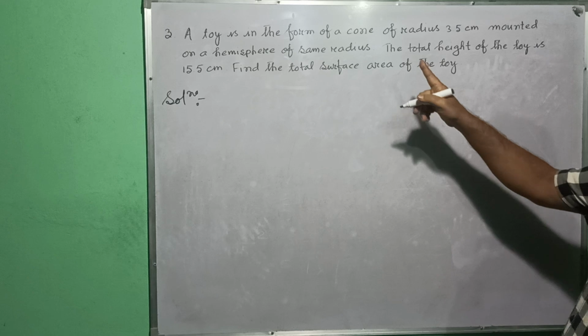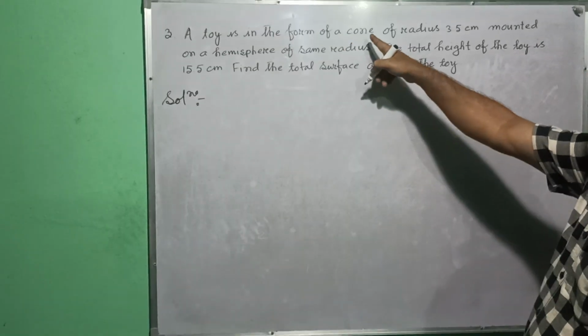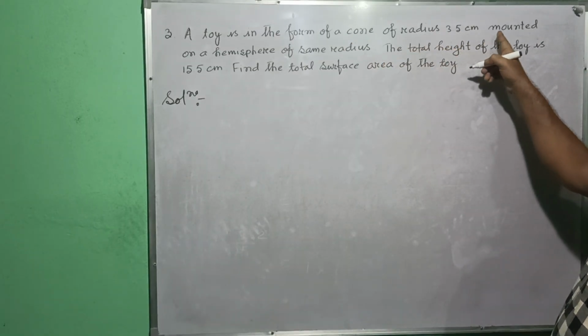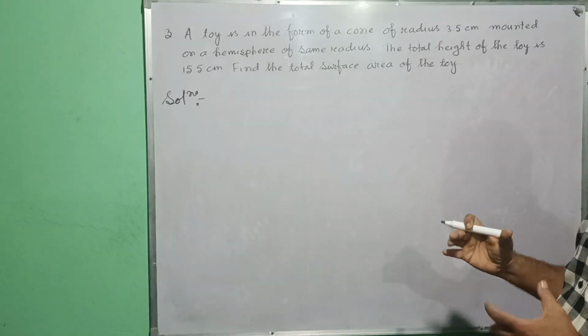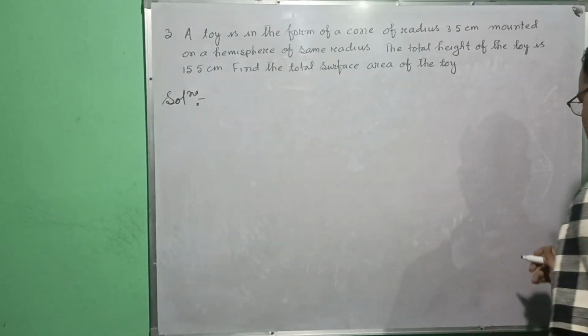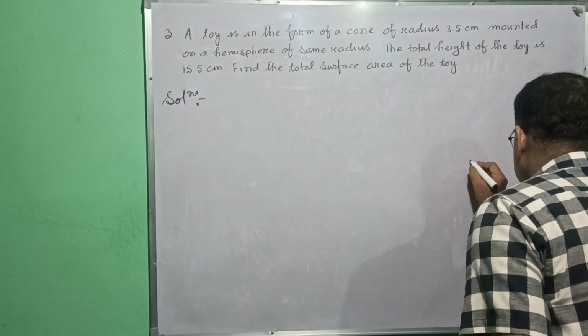So it is given that the toy is in the form of a cone mounted on a hemisphere. Meaning the hemisphere will be on the lower side. So let me draw the figure.